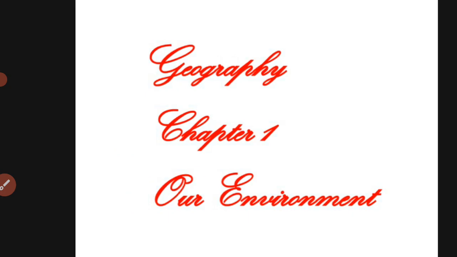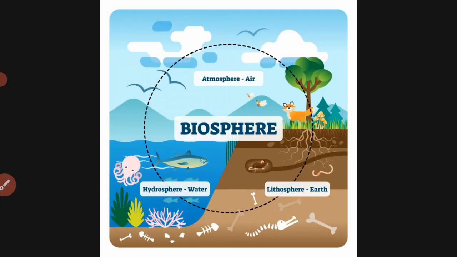Let us continue with Geography, chapter number 1, Our Environment. In our last Zoom class, children, you have studied about the 4 domains of the Earth.